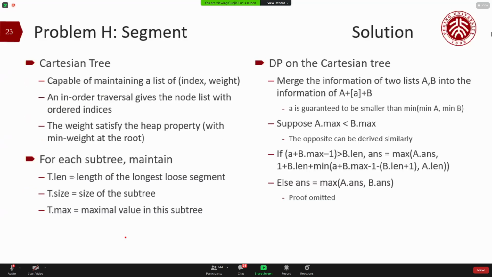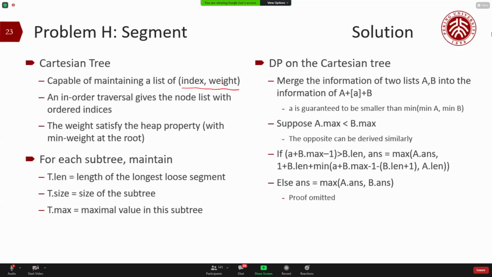So let's see the idea to solve this problem. The tool we use is the Cartesian tree. The Cartesian tree is capable of maintaining a list. The nodes in the Cartesian tree have two properties, index and weight.